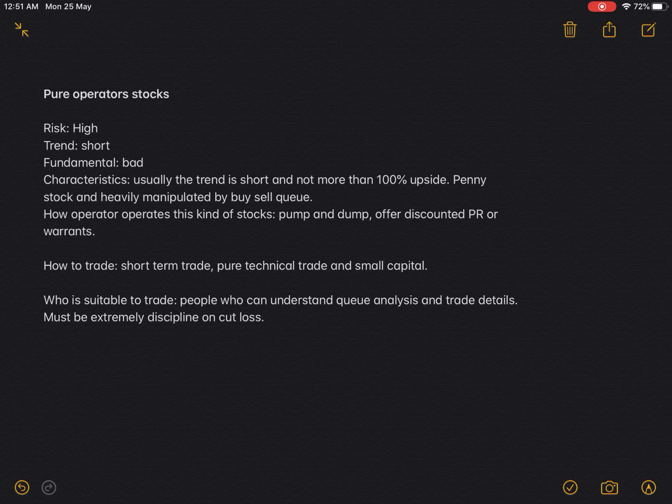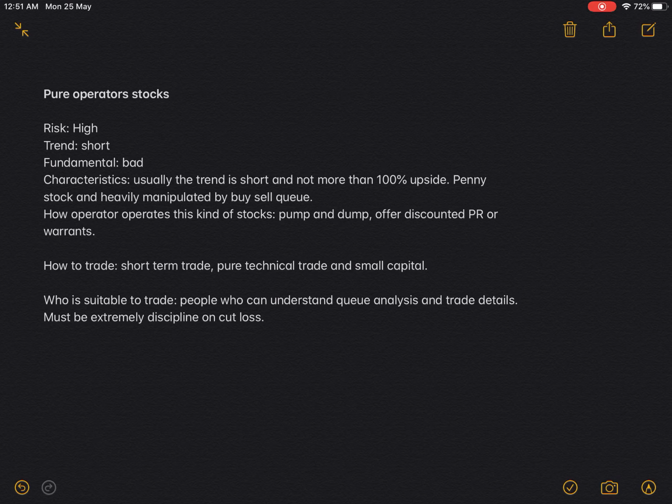Usually they will corner the stocks and queue at the buy queue and sell queue to control the volume and control the price. After they pump up the share price and everybody chases in, and then they sell down. This is the so-called classic pump and dump.